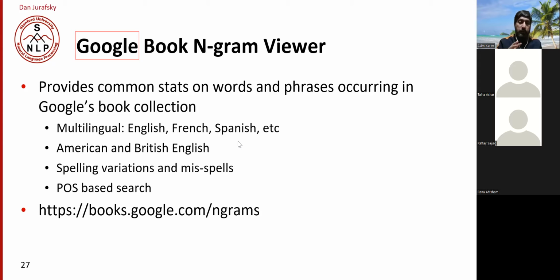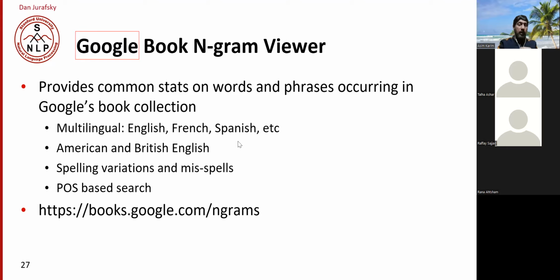And you can do various filtering on it. Maybe you look for a particular sequence of words, let's say from 1910 to 1940, and maybe you look for the same sequence of words in the 2000s. So you can study language in this way through this Google Ngram viewer. It's very interesting. It has very nice graphs and it does other things as well. So you should spend some time looking at this and getting familiar with how language is used and what probabilities you get over a period of time.